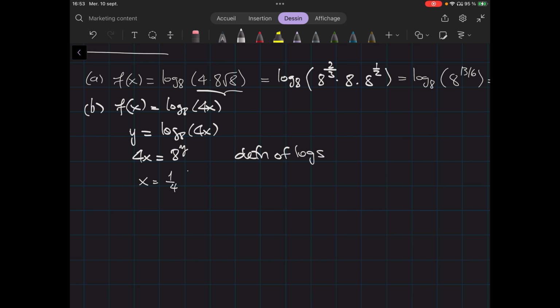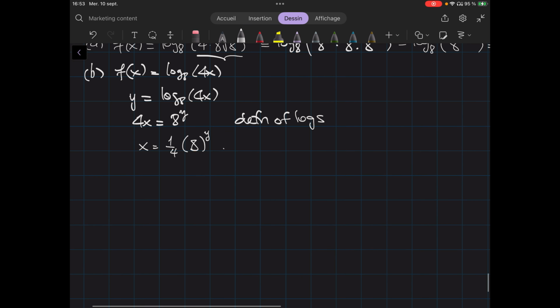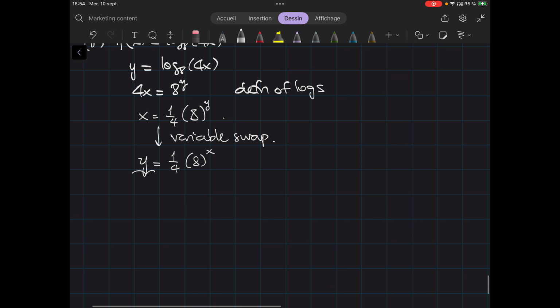Therefore, x is 1 by 4 times 8 to the y. Now we're going to swap the variables. And we replace y with the inverse of f. And that is all you have to do.